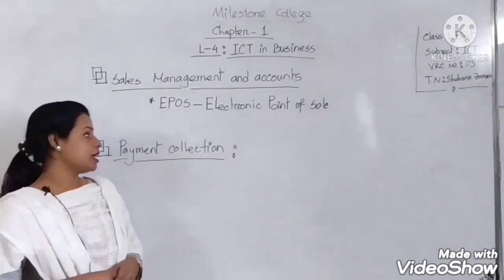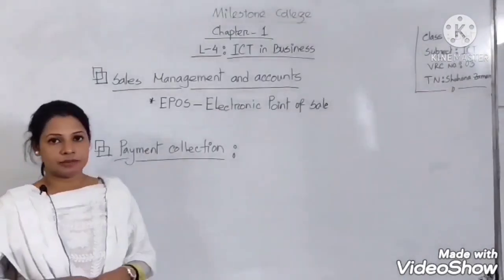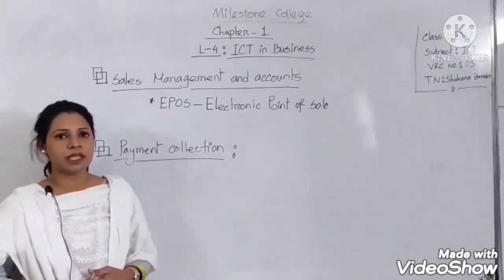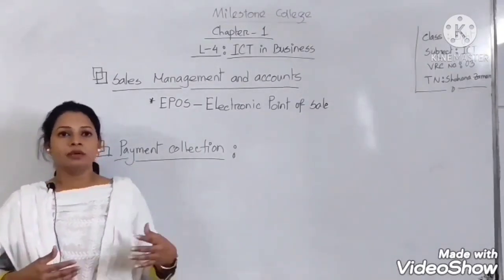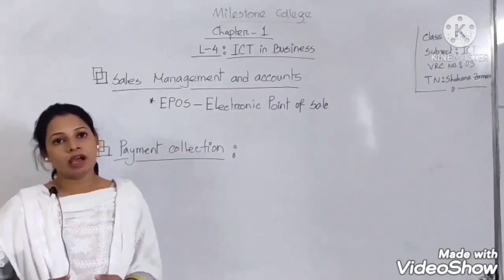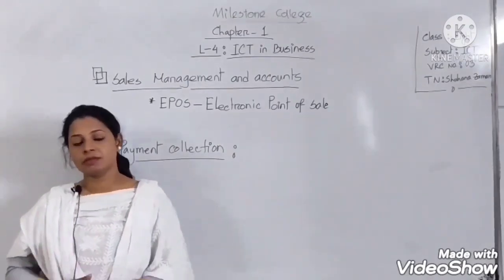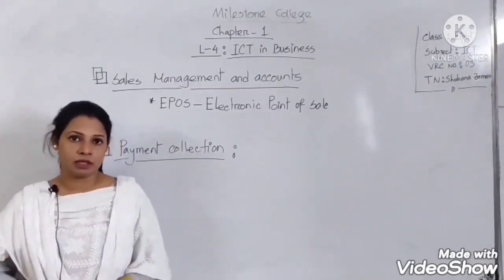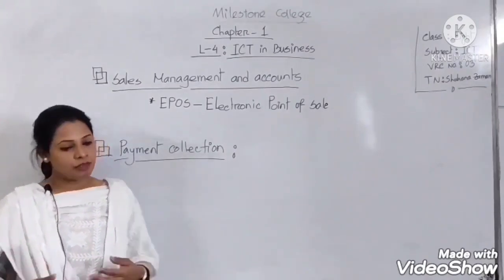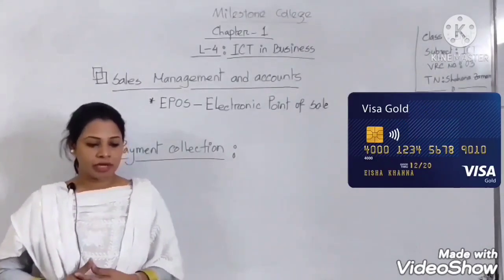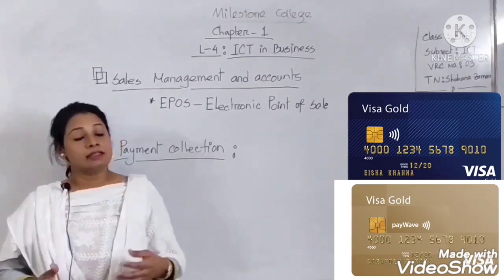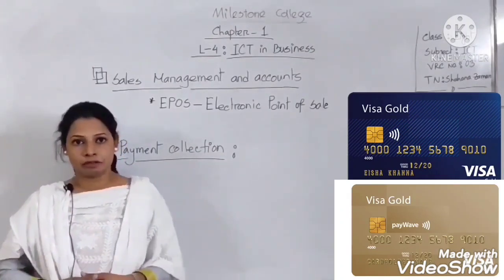Coming to the next point, payment collection. As a businessman, you are producing, you are selling, you are supplying. Not only that, you have to collect the payment. So as a businessman, how can you collect your payment? Can you guess? Yes, for that you can use your debit card, credit card, or mobile banking. In some cases, postal card also.